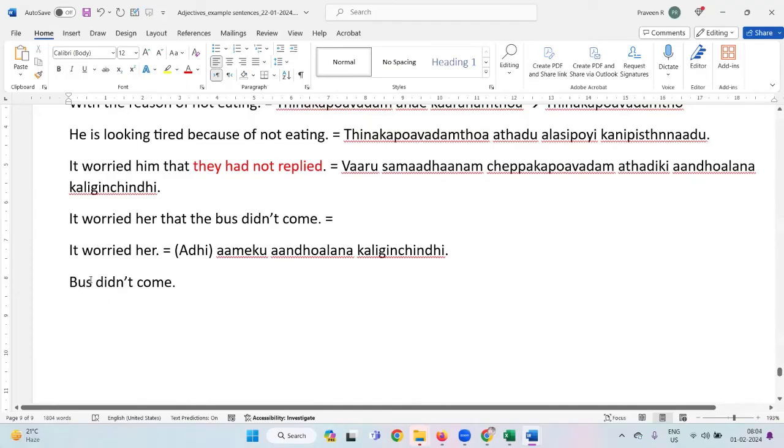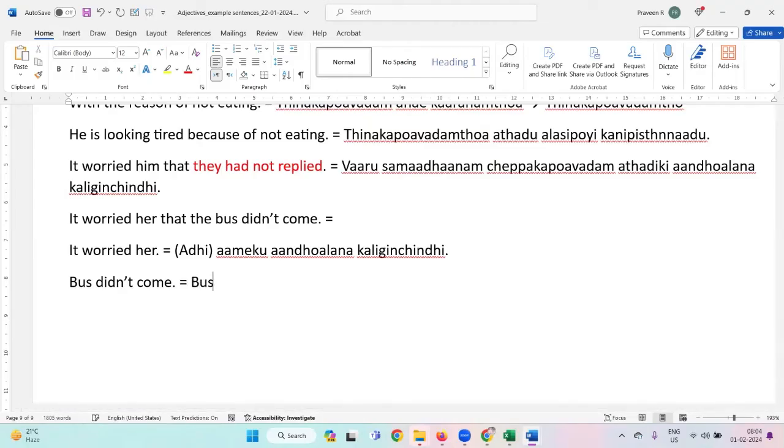But when we write this one in a normal sentence format, bassu raaledu. In the Telugu language, we say it like this. Bassu raaledu. But this one, the reason will be different.